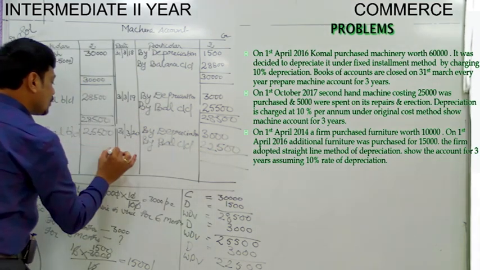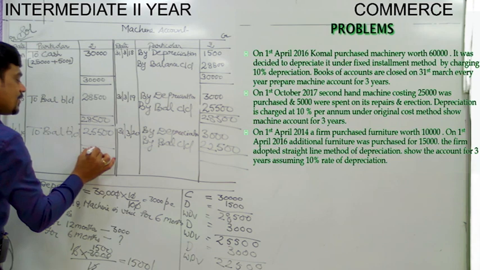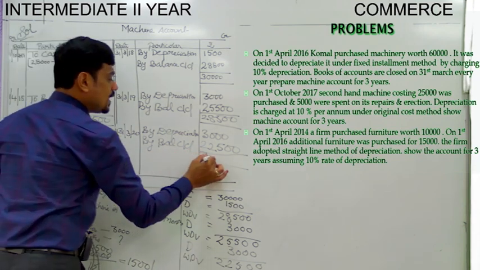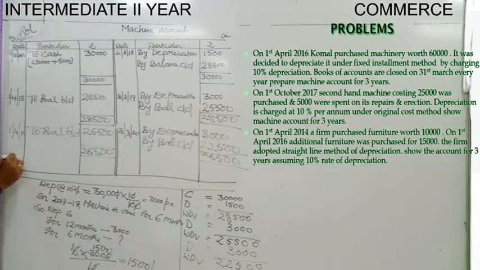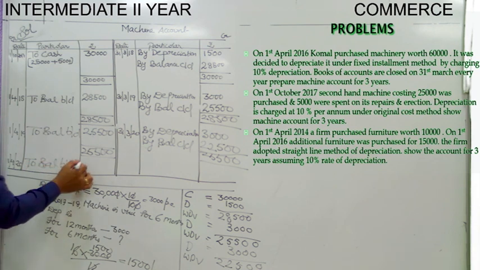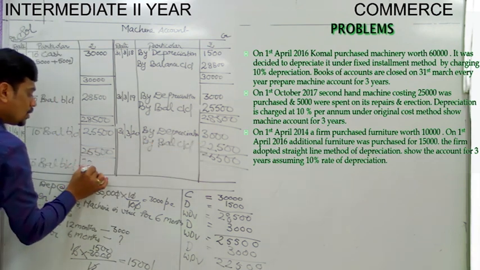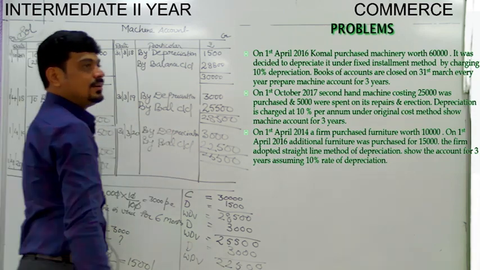Close the account. They asked you for 3 years, and we have done it for 3 years. What are we supposed to do now? We have to leave the balance in the fourth year. 1st April 2020, to balance brought down, 22,500.